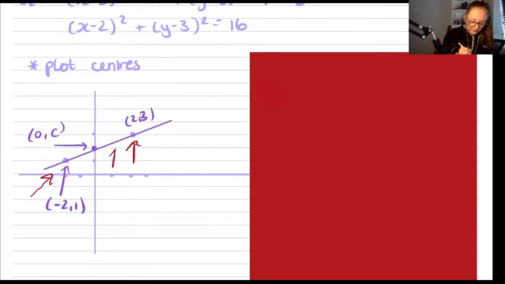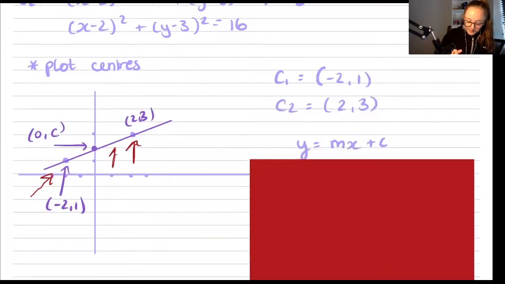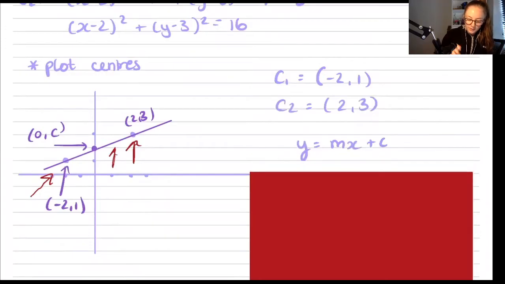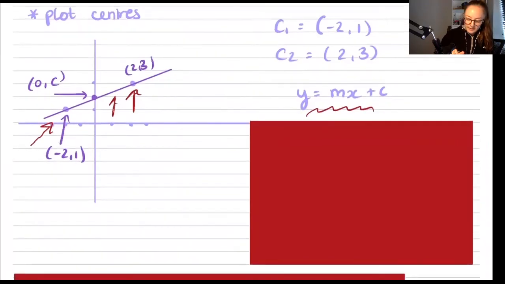And then here is our line connecting them. And I'm sure you know that the equation of a straight line is y = mx + c. So we need to know what the gradient is, and we also need to know what the y-intercept is.